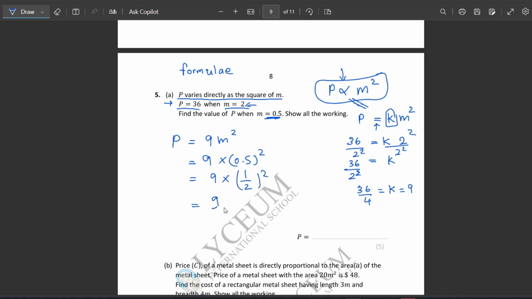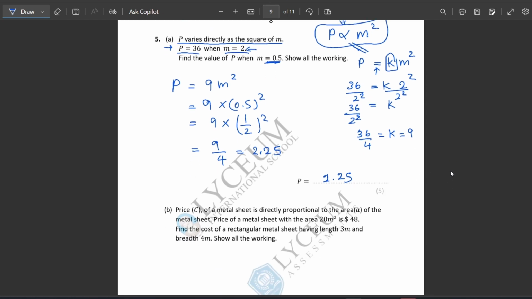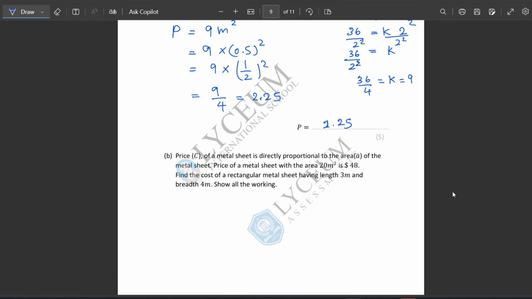And we can write this as 9 over 4. So the value of P is 2.25.